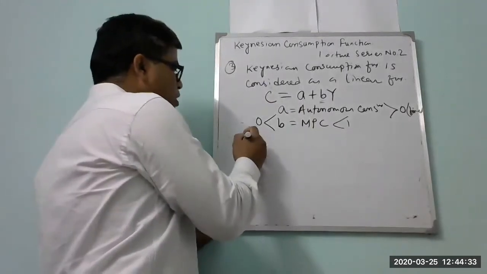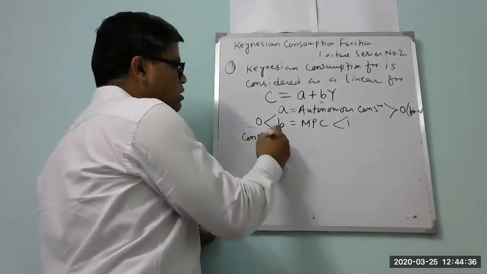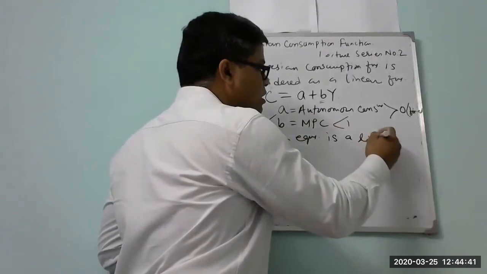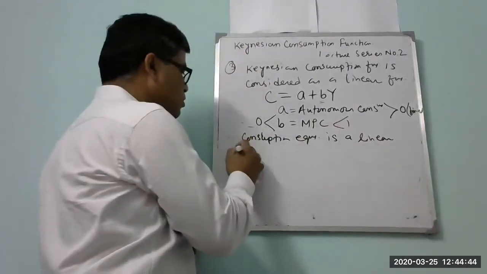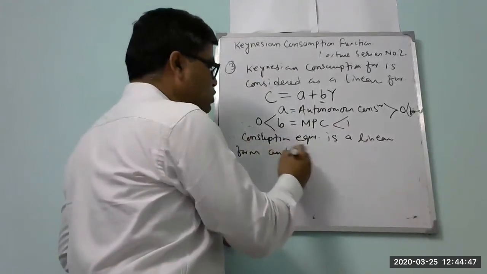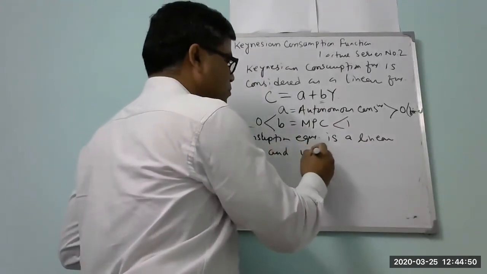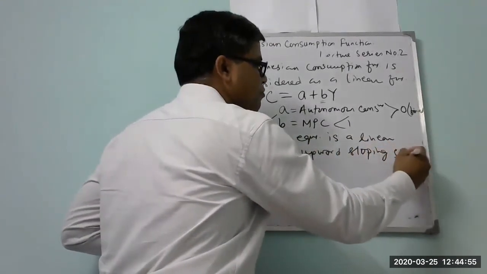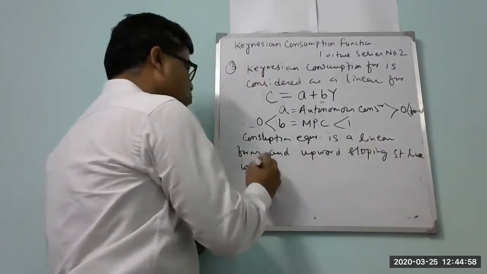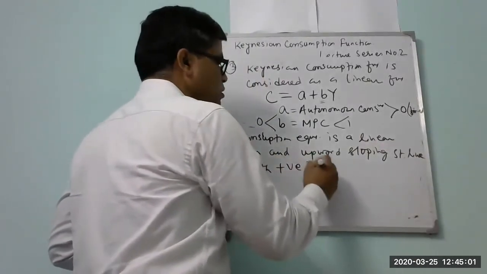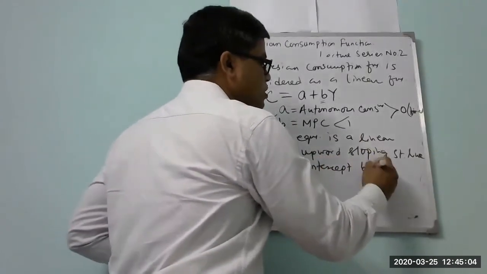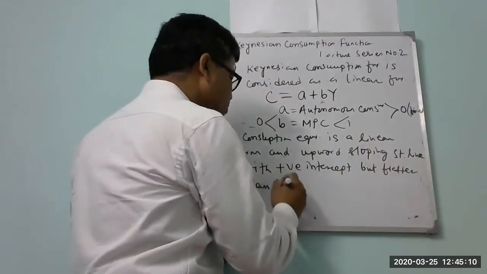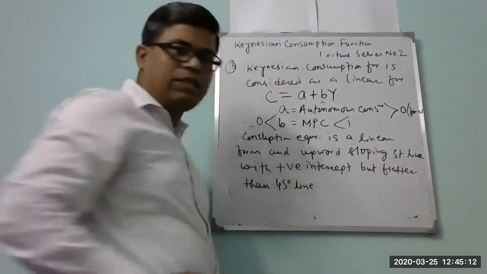Therefore, the consumption equation is in linear form and an upward sloping straight line with a positive intercept but flatter than the 45-degree line.